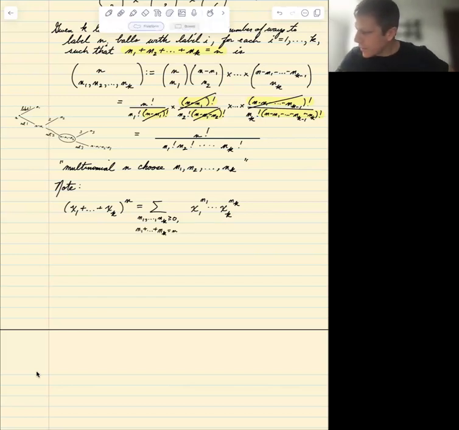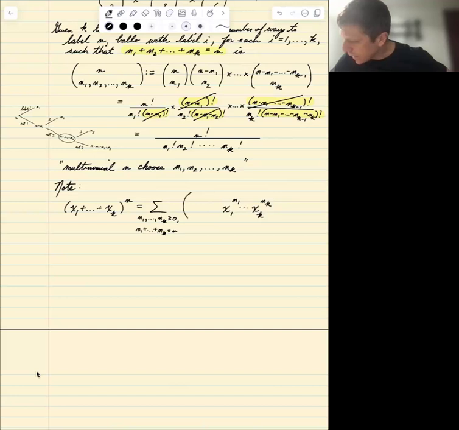Okay. Each one of these terms gets a coefficient. What is that coefficient? That coefficient is exactly the multinomial coefficient that we just defined. So that's why it gets that terminology.